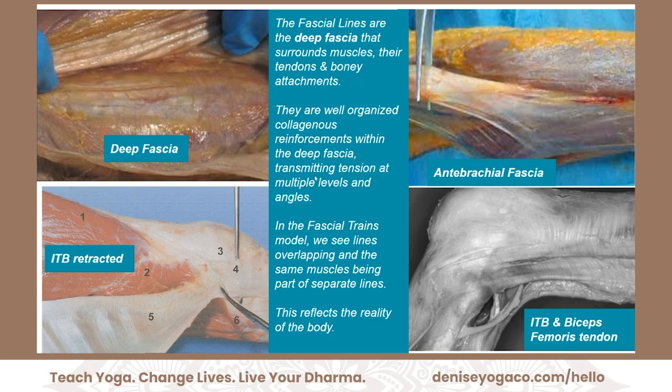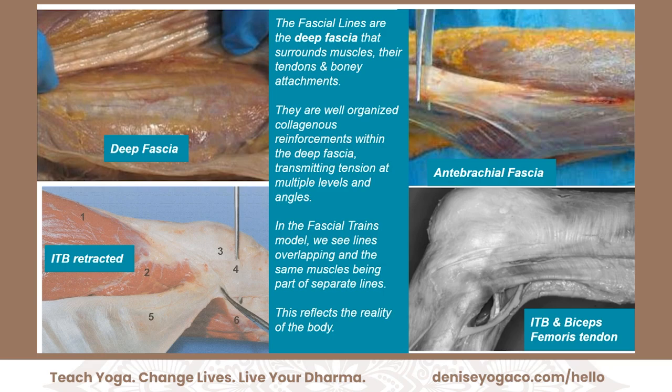And again, when we look at these images of dissection and everything, it helps you understand the reality of the body. There are many, many pathways for tension to be moved through the body. It enables us to move in all kinds of dynamic ways.